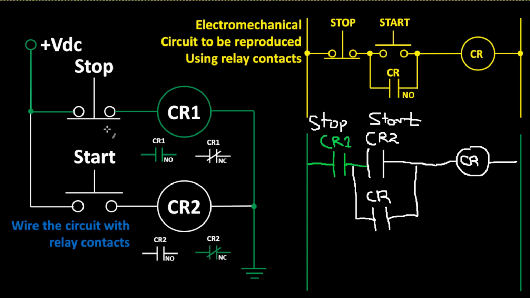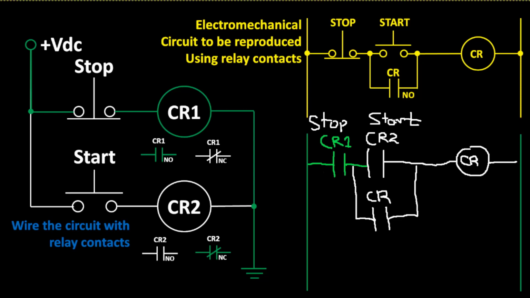When I release the stop push button, even though these contacts change state, I will no longer have power flow. So I literally had to wire the normally open contacts from CR1, the contacts that are controlling the stop push button relay.